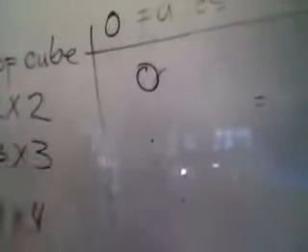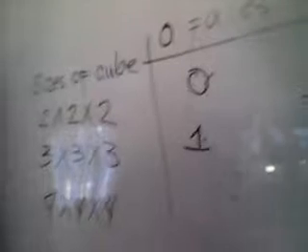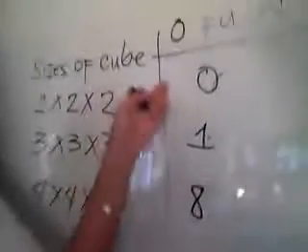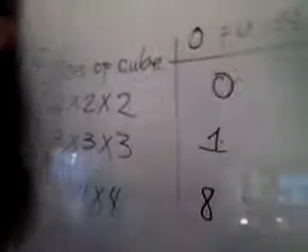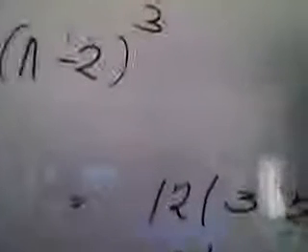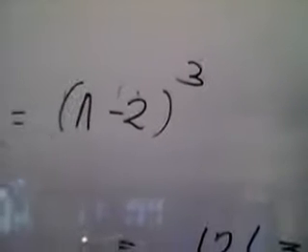So, for a 2 by 2 by 2 size of cube, there are no cubes with 0 faces painted. For a 3 by 3 by 3 size of cube, there is only one cube with 0 faces painted. And for a 4 by 4 by 4 size of cube, there are 8 cubes with no faces painted. So I used the formula (n minus 2) cubed. Just remember the formula to identify how many cubes have 0 faces painted.